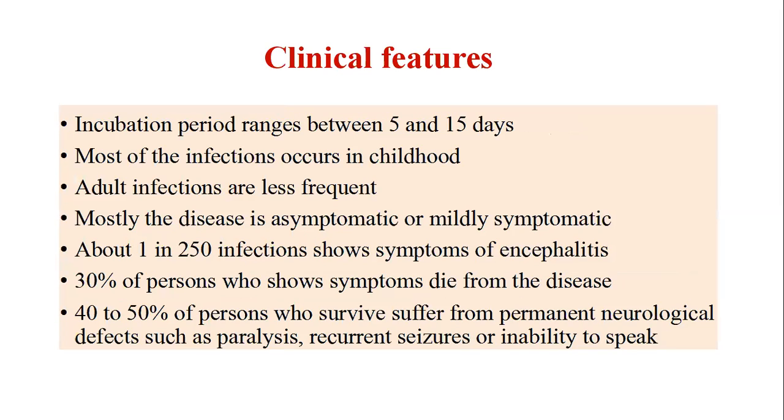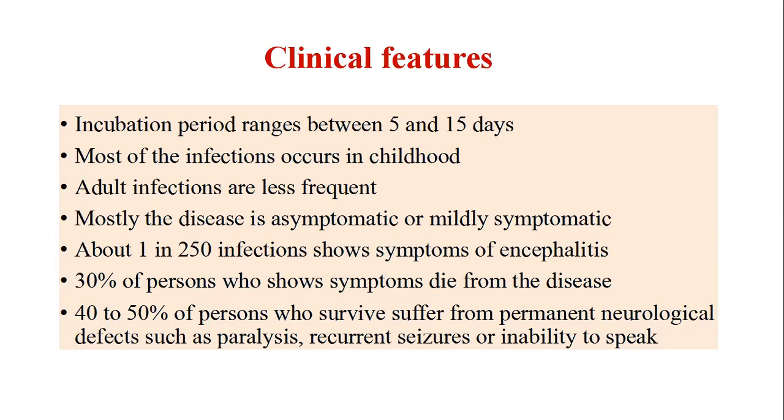Next is the clinical features. So here the incubation period ranges between 5 to 15 days. Most of the infection occurs in childhood. Adult infections are very infrequent, and mostly the disease is asymptomatic or mildly symptomatic.